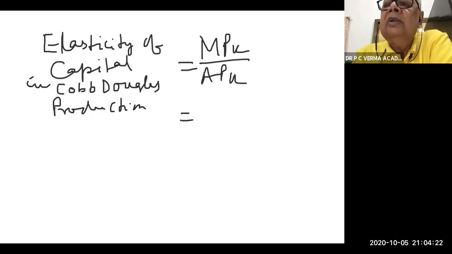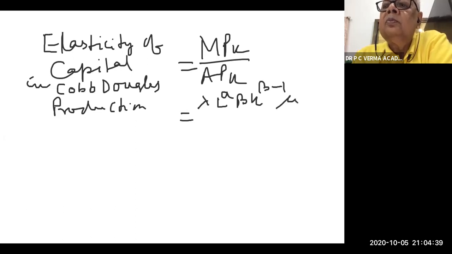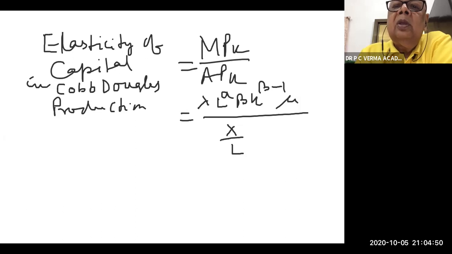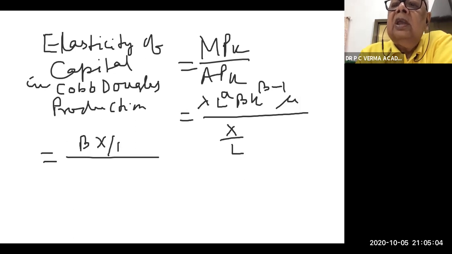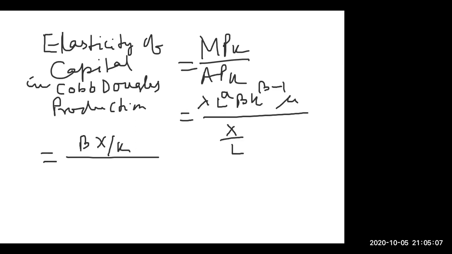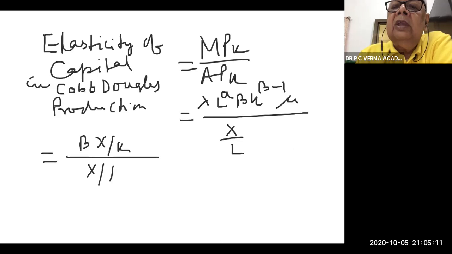Marginal productivity of capital we have seen earlier, lambda L alpha beta K beta minus 1, by average productivity X by K. We will get here beta X by K by K.